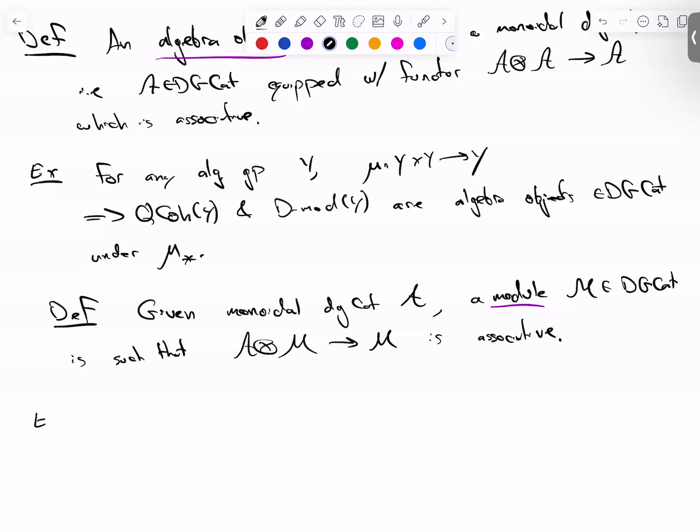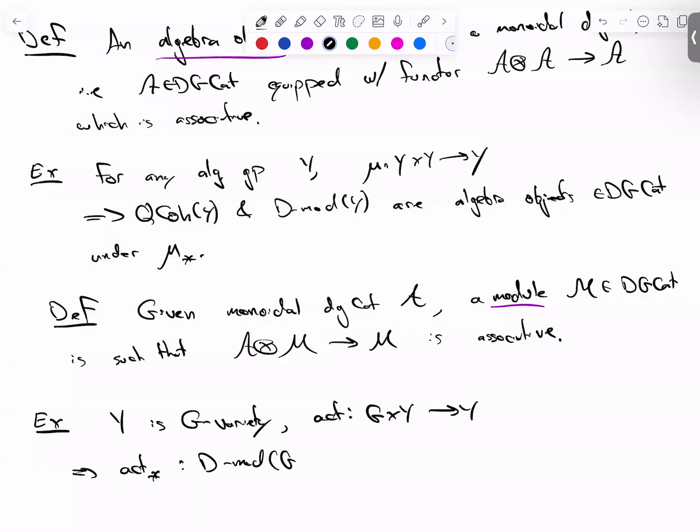So again, if Y is a G-variety, we have an action map which under star push forward induces an action map.